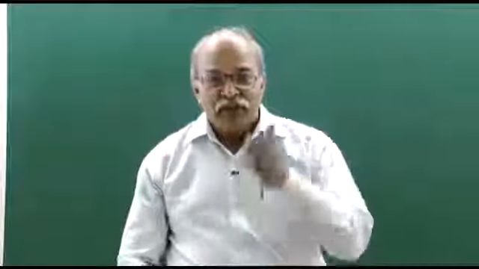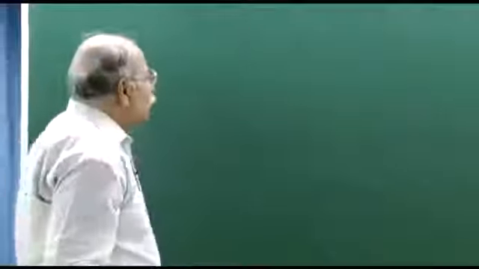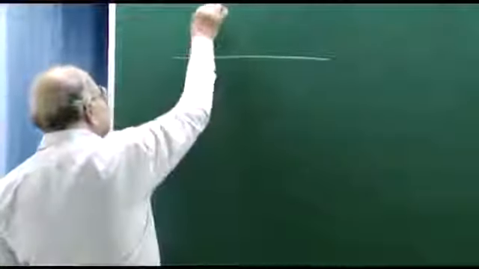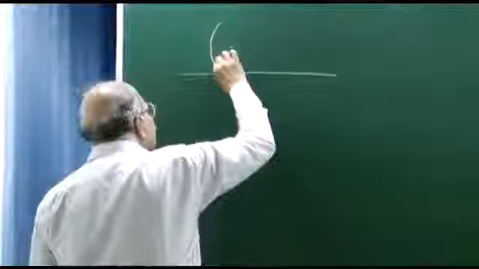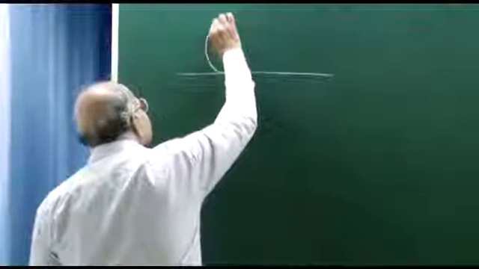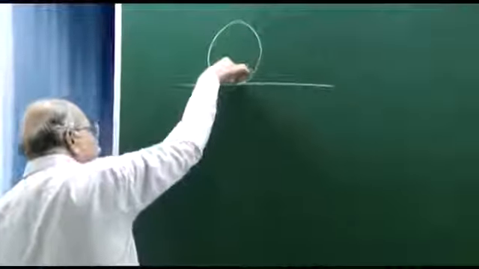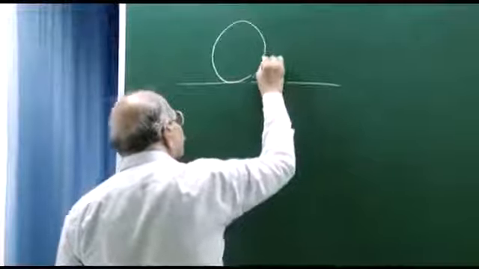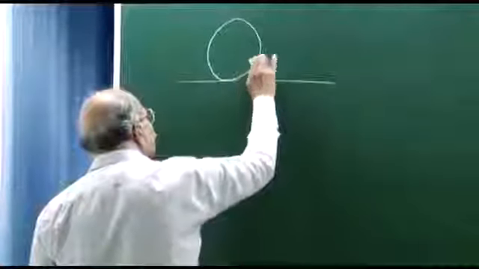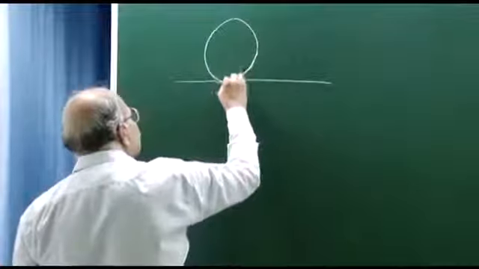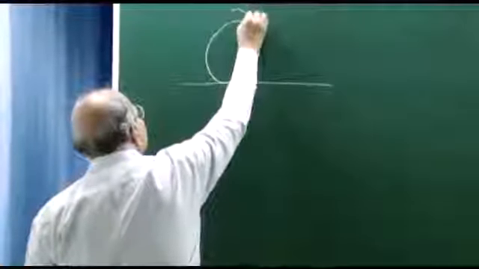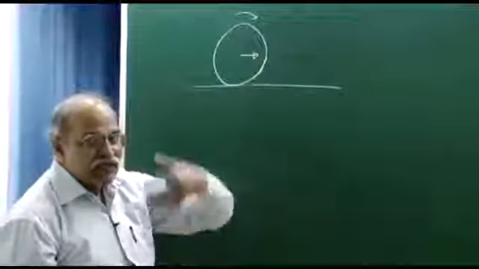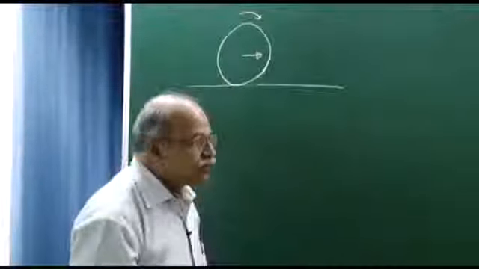So, what happens? If you look at cross section, the road is like this, and then the wheel is like this. It has a circular cross section. And then the wheel rotates as well as it moves in the forward direction.